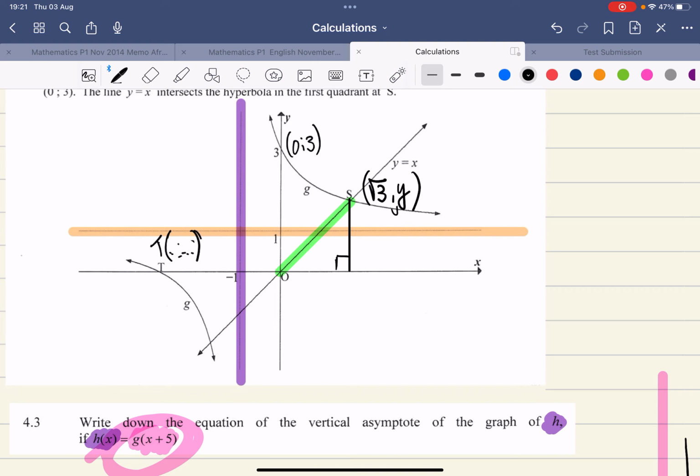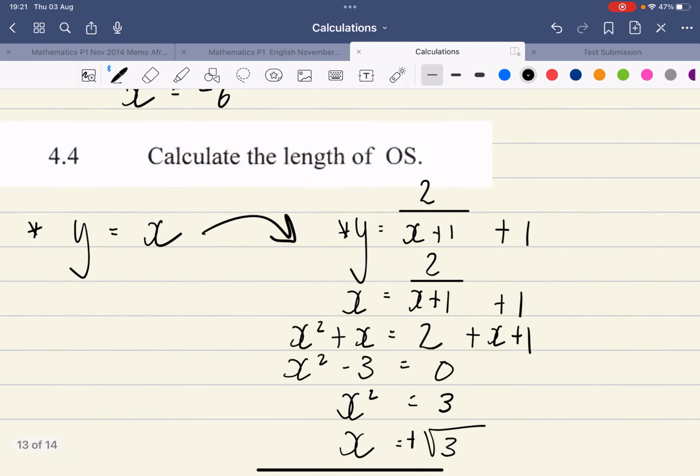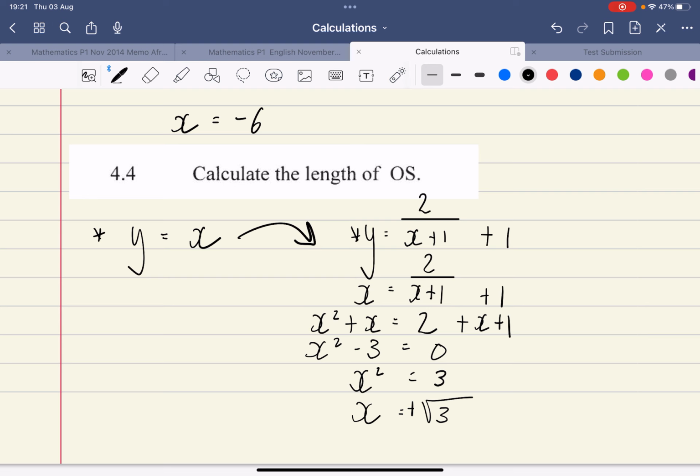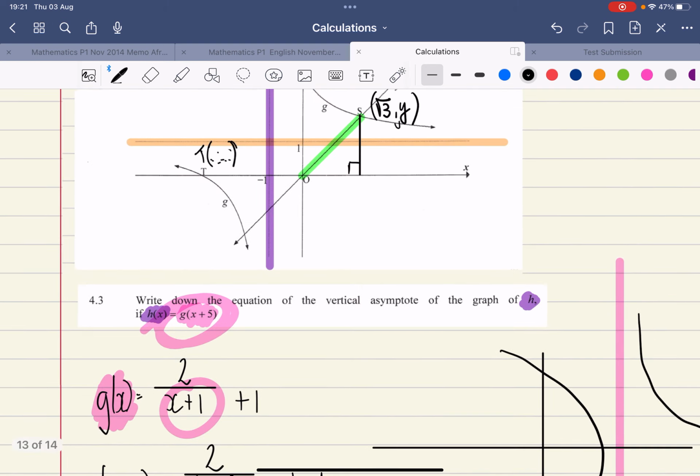Do we even need y? I don't know. All we've done up until now is find the coordinates of S in order to try to find the length. But remember, in the beginning I said this is a right angle. We must recognize it can't just be for nothing. If we did know y, and we knew x, hang on, doesn't that mean we can find the distance OS using Pythagoras?